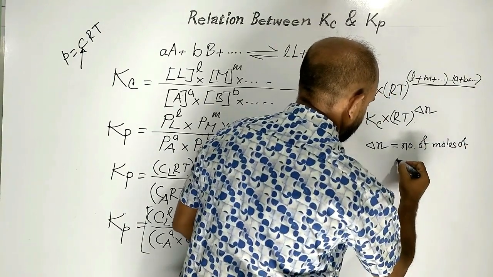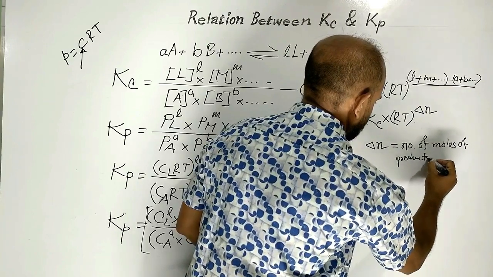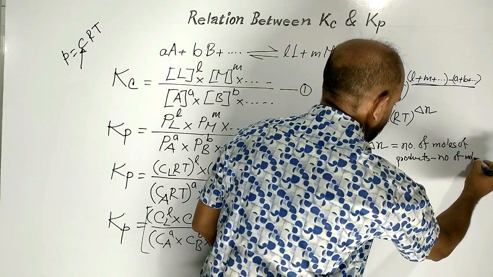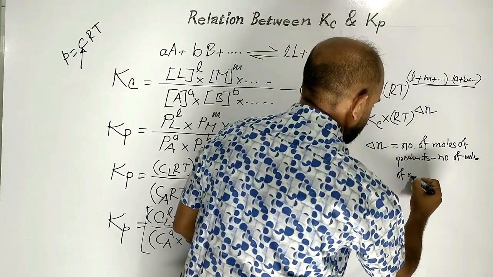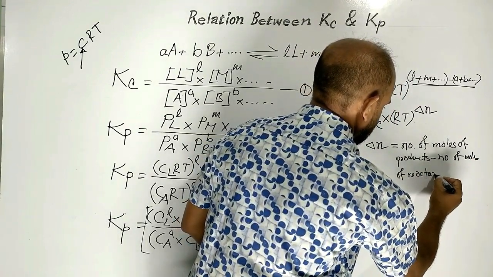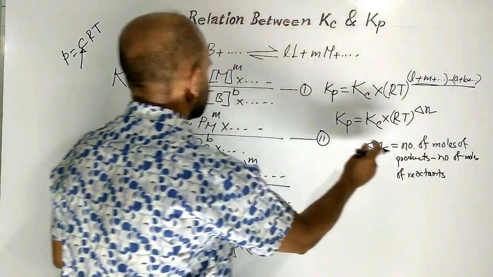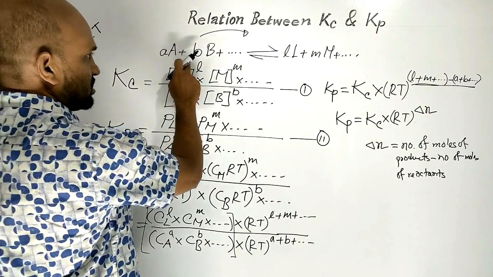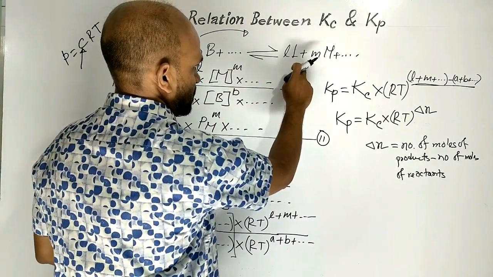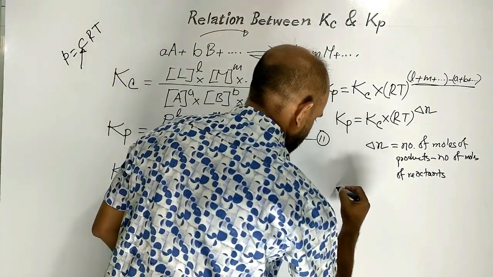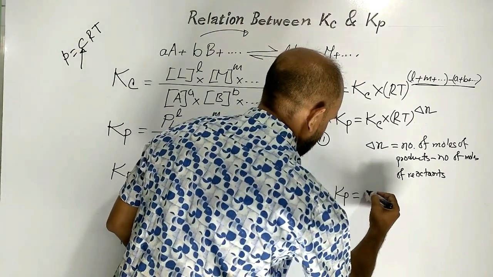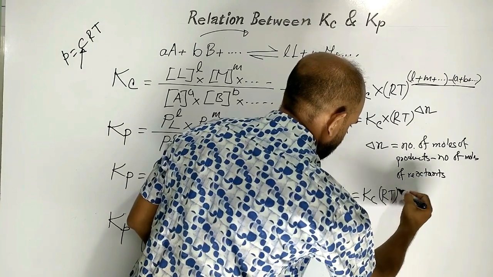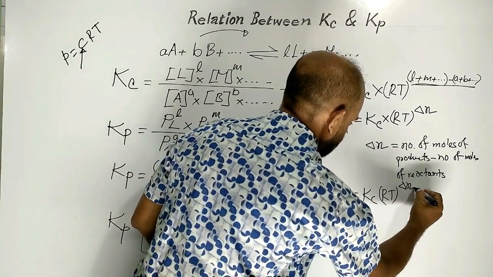When we are considering the forward reaction, these are reactants, these are products. Now we got Kp is equal to Kc into RT to the power delta n.